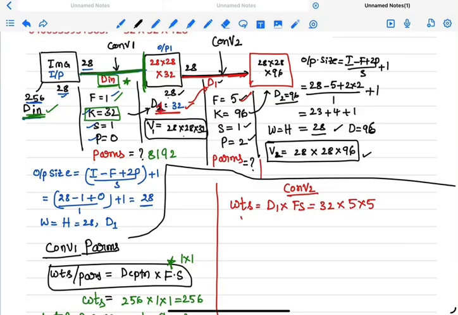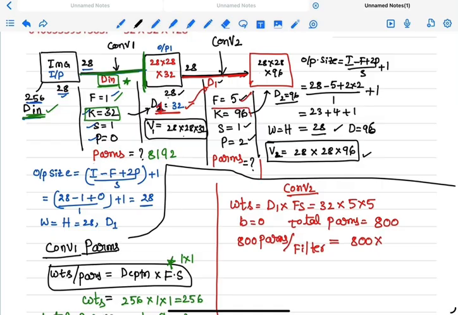Okay, these are weights. Biases is 0. So total parameters are 800 per filter. Here the number of filters is 96. So for 96 filters you multiply 800 times 96, which is 76800. So that is the number of parameters in convolution layer 2.